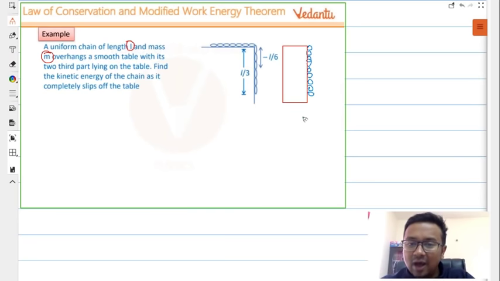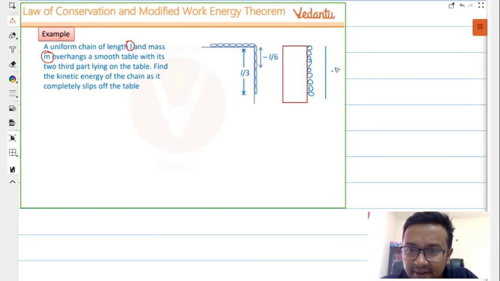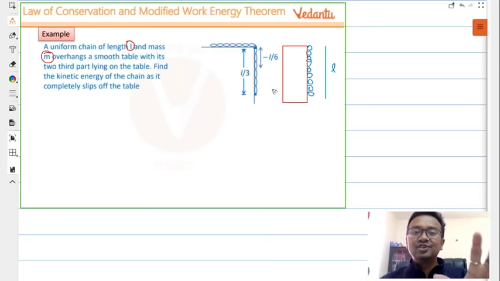Out here, my dear students, L length is going to be hanging. Clear? Though it is not proportional, just to give you an idea, L length is hanging, and from here to here, it is just L by 3 which is hanging.